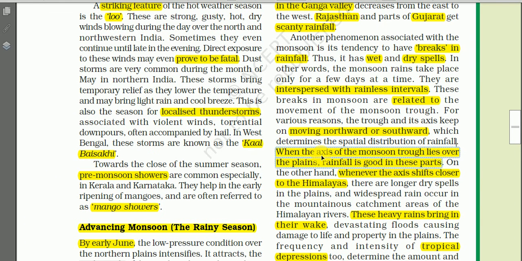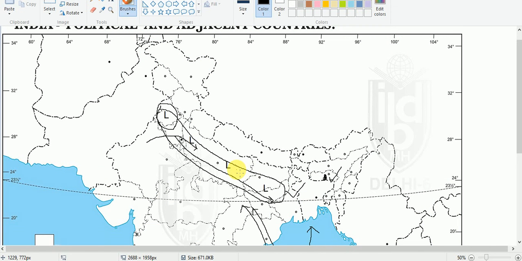When the axis of the monsoon trough lies over the plain, the rainfall is good in this part. When the monsoon trough or the ITCZ is located here in the northern plain, then rainfall is very heavy in this area.